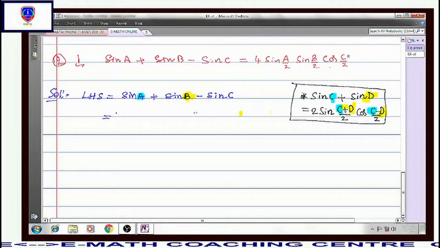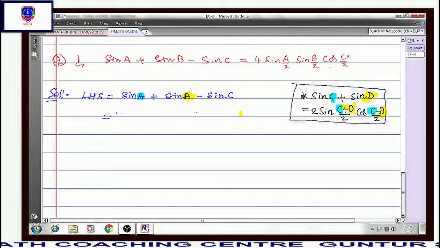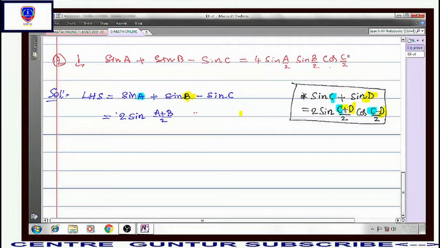So applying this formula, the question becomes 2 sin C plus D by 2, that means A plus B by 2, where C stands for capital A and D stands for capital B, and cos C minus D by 2, that means A minus B by 2. Let us write down the same as it is, the last term sin C.